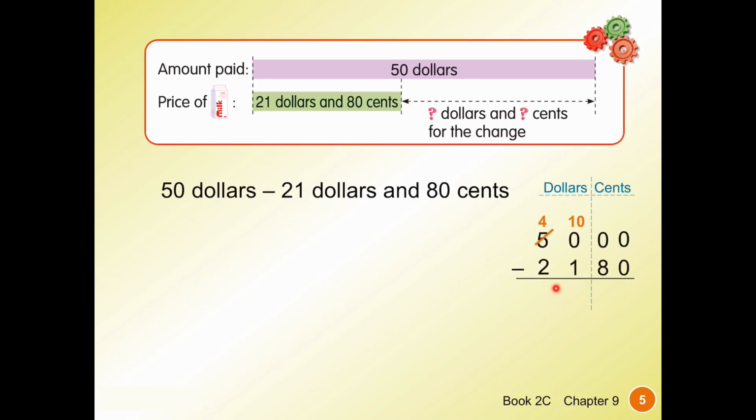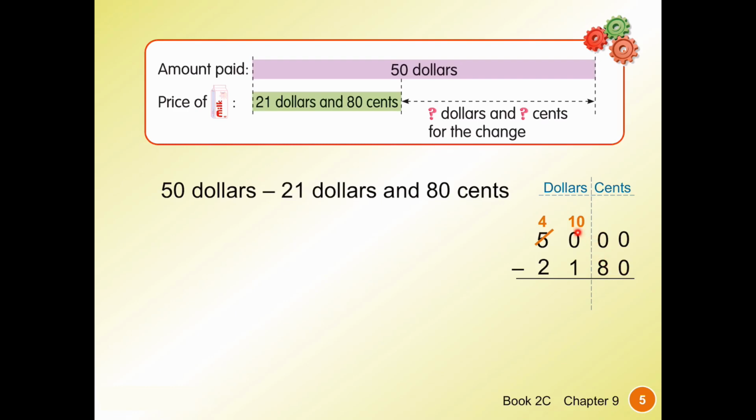And when we put the $50 and the $21.80 in a column form, remember to write down the word dollars and cents. Draw a line in the middle separating the two. But this time here, we have 0 in the cents part on the top. So we cannot subtract the 80 cents below.